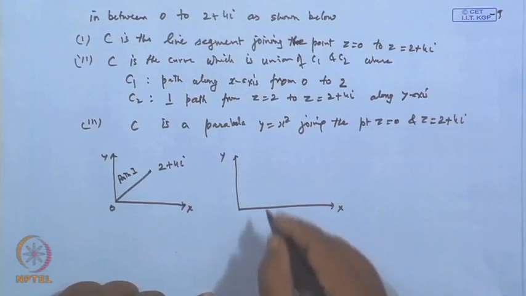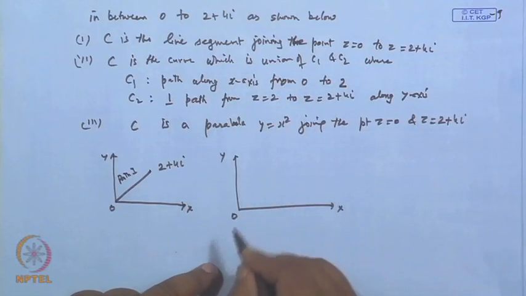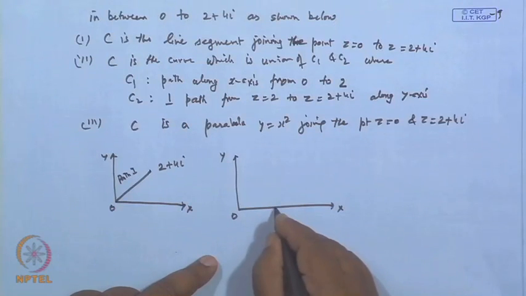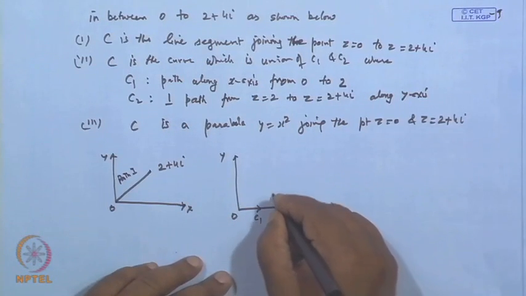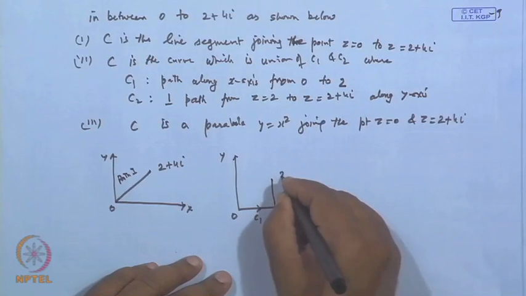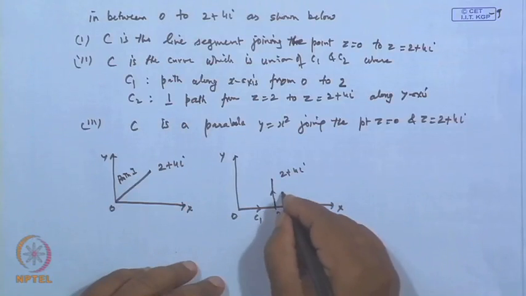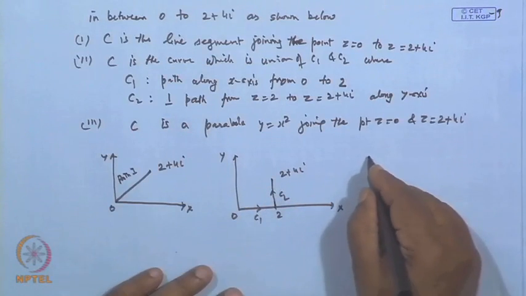Second path says C is the curve which is the union of C1 and C2, joining the path along the x axis from 0 to 2. So, 0 to 2 this is C1, and then 2 to 2 plus 4i in a vertical direction is here. So, this is C2. So, C1 union C2 gives C.